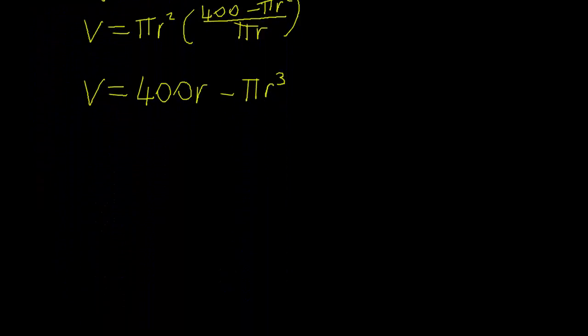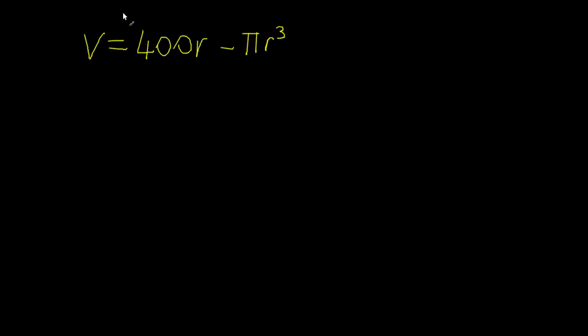Okay. The next part says, use calculus to find the maximum value of V to the nearest centimetre cubed. So this is where the actual Core Maths comes in. It says we need to find the value of r that gives us a maximum volume. If we're thinking of finding a maximum value, that should always make you think of stationary points.